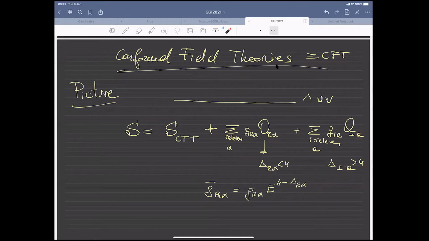It goes like a positive power of energy when the energy decreases. Oh, damn it, I'm doing it the other way around. It goes as E to the delta_alpha minus 4 again. See, if the dimension is bigger than 4, this goes to 0 when the energy goes to 0.